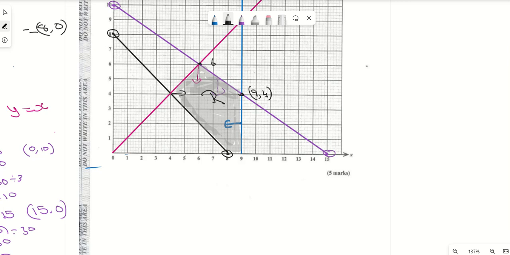So that's 6 cars and 6 minivans. We won't plot any of these other points. The other one that you could plot is this one right here, which is 3 cars and 8 minivans. That is the next combination. So we have the combinations 9 cars, 4 minivans; 6 cars, 6 minivans; 3 cars, 8 minivans.